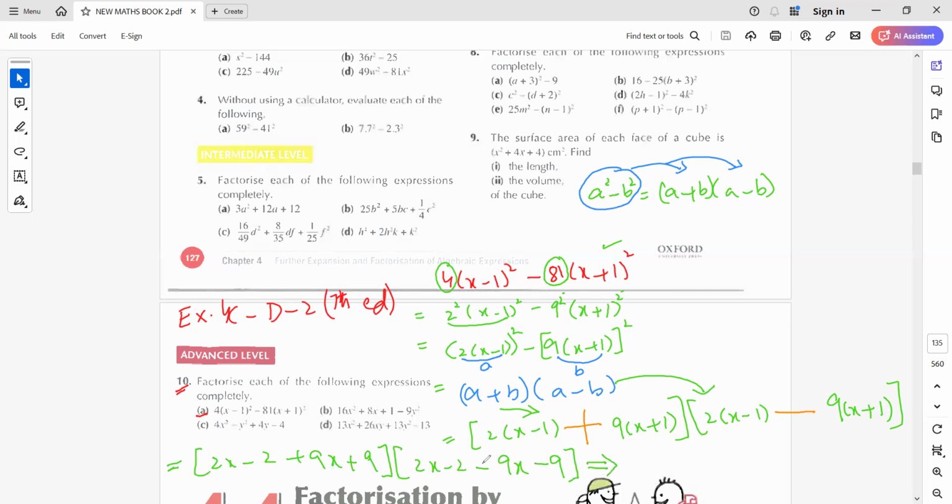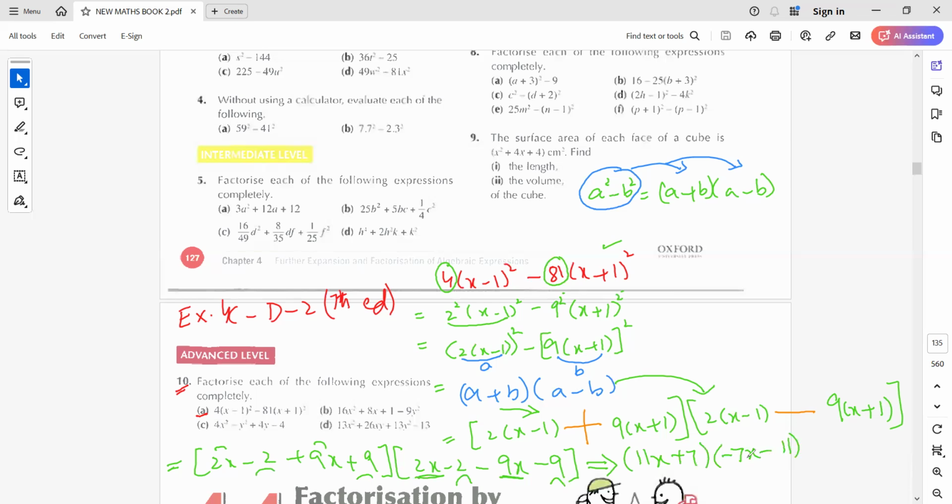So that I can have the simplification of the like terms. 2x plus 9x will give me 11x, and then minus 2 plus 9, that is plus 7. Similarly, 2x minus 9x is negative 7x, and then negative 2 and negative 9 is negative 11.